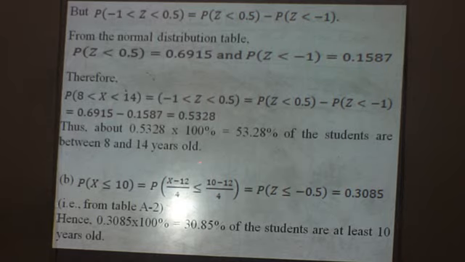Now let's deal with the second one. The probability of a student being less than or equal to 10 years. When you substitute as usual, you will get this whole expression. Then we will end up getting z being less than negative 0.5.